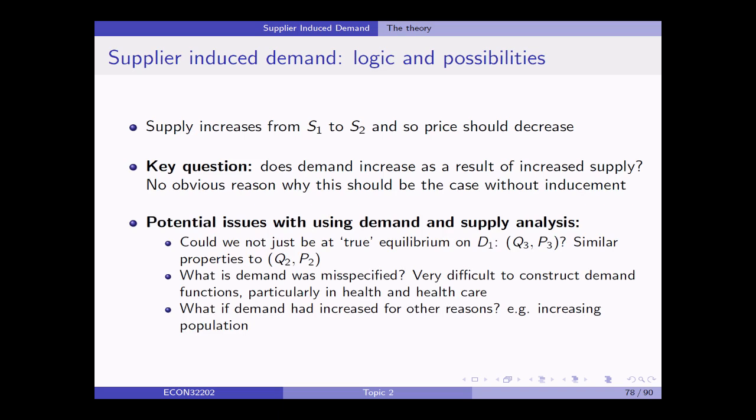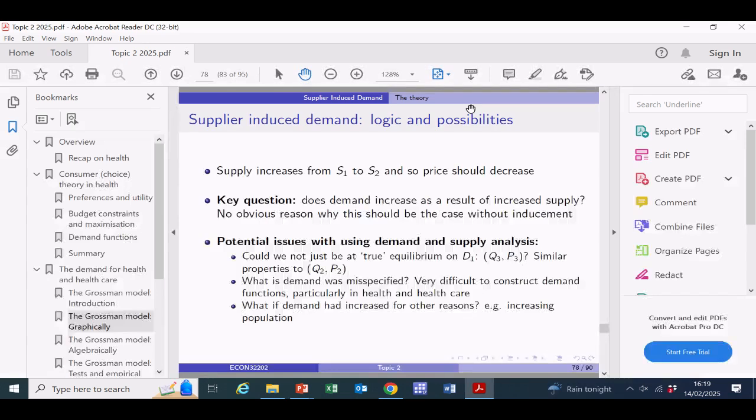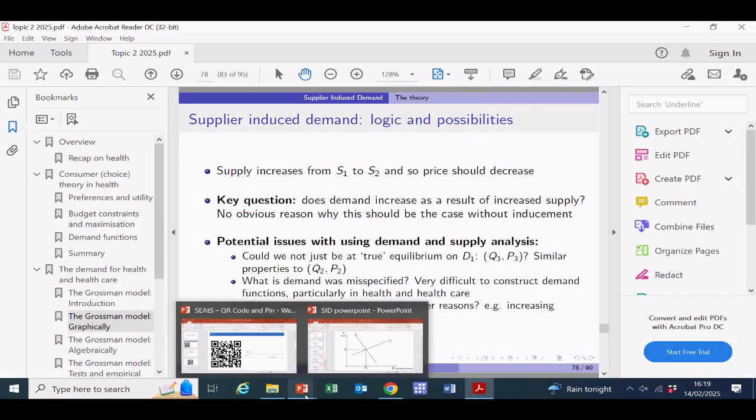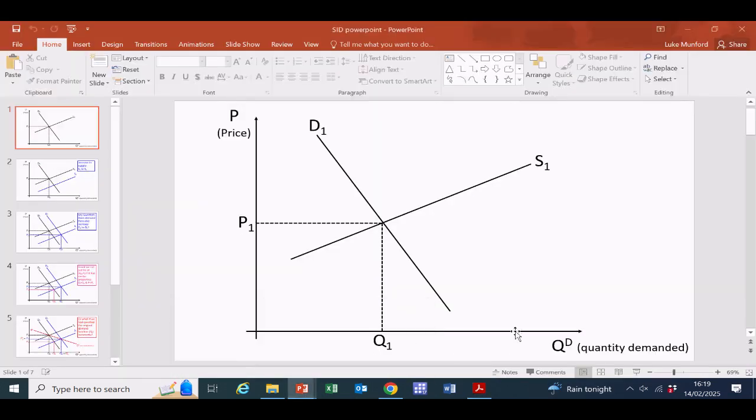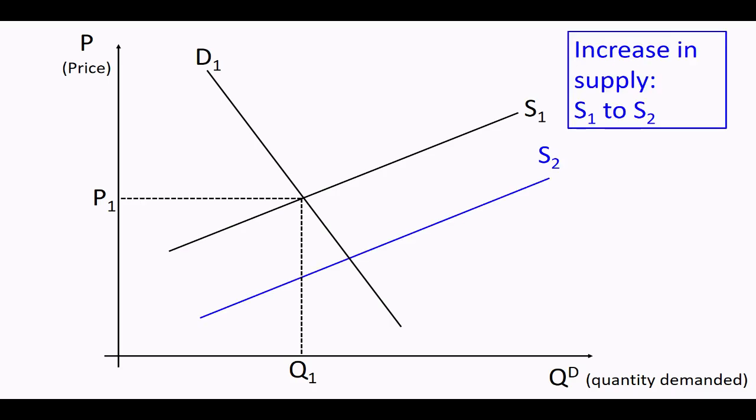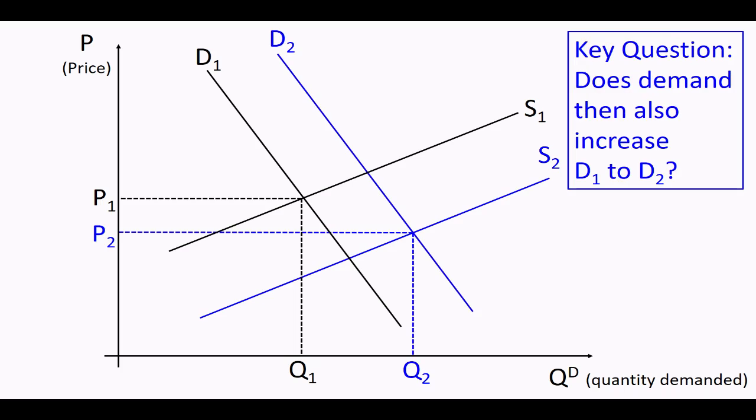They should be completely independent of each other. So the argument goes that you have this demand and supply curve. You've got this exogenous increase in supply from S1 to S2. So essentially we should get a lowering of price and an increase in quantity demanded.